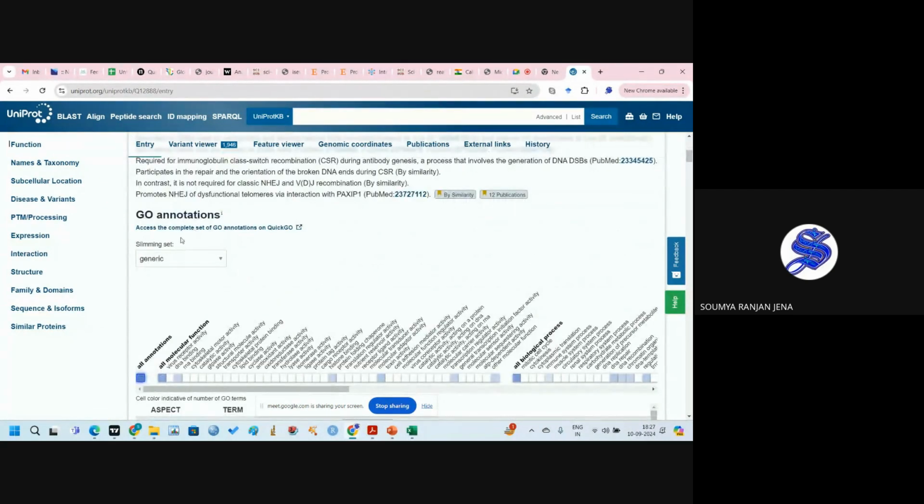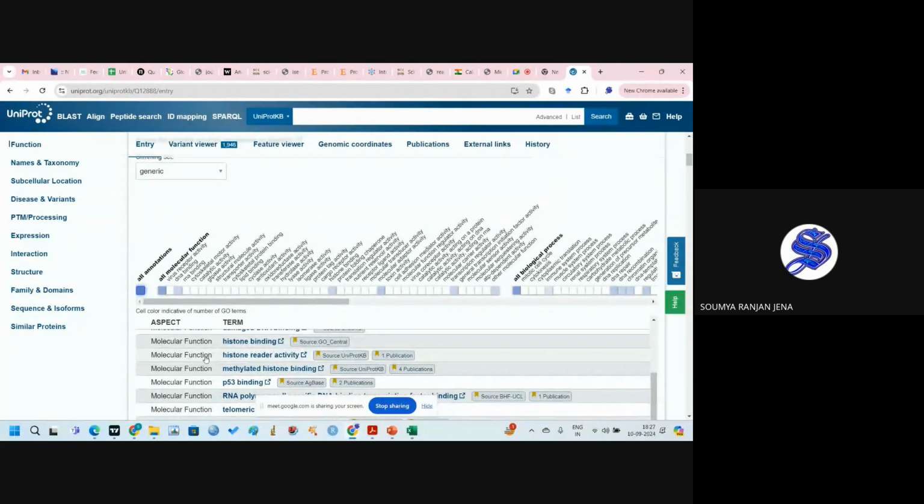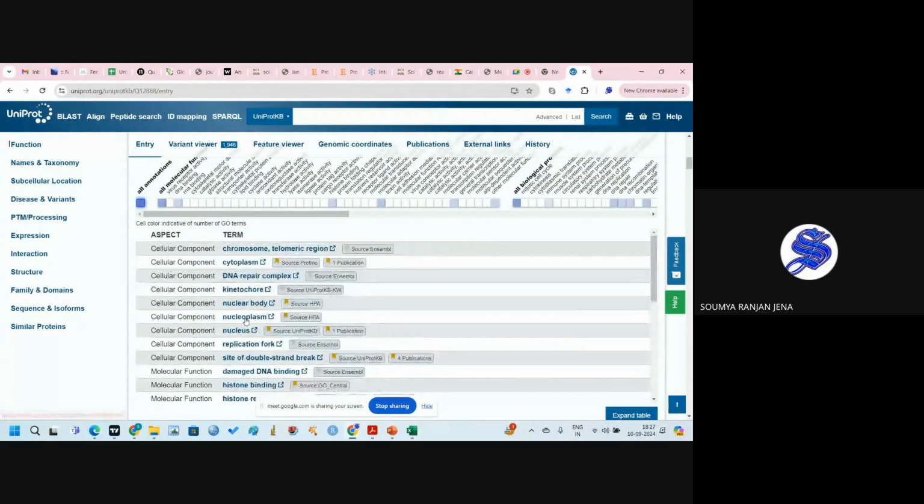And here we also find the GO annotation, where it is found, the cellular component, and molecular function. You can see where it is found: cytoplasm, kinetochore, nuclear body, nucleoplasm.